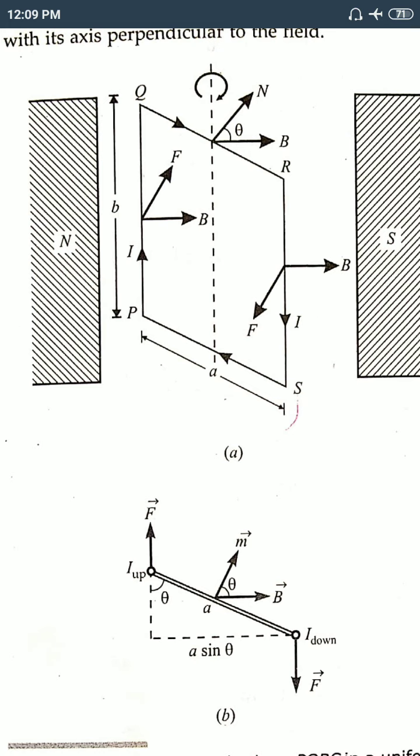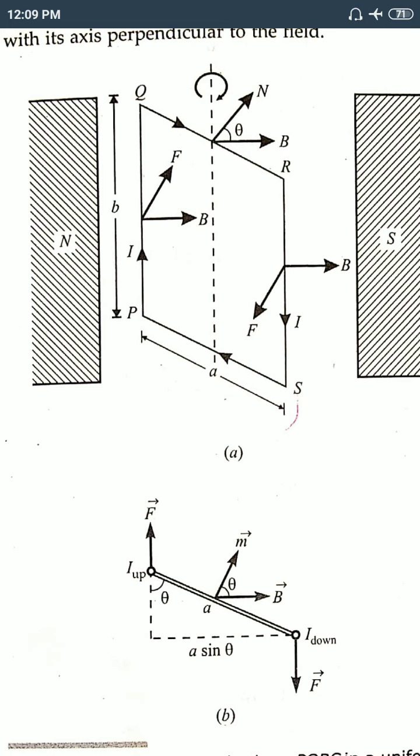On PQ it is inward, and on RS it is in the opposite direction, that means outward. So these two forces have equal magnitude but different directions. These two forces form a couple which exerts a torque on this loop.